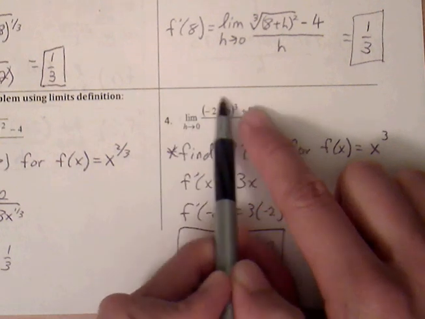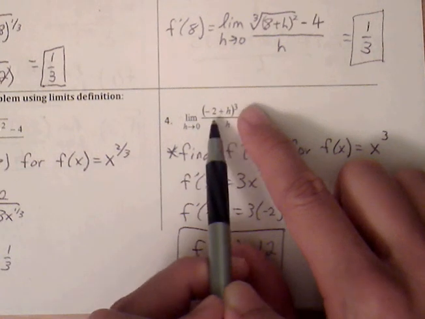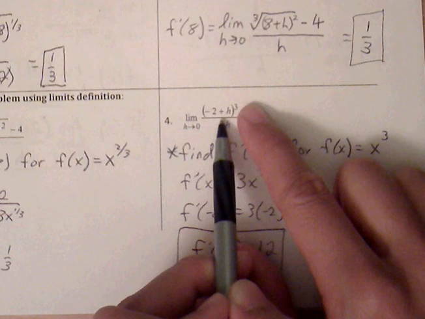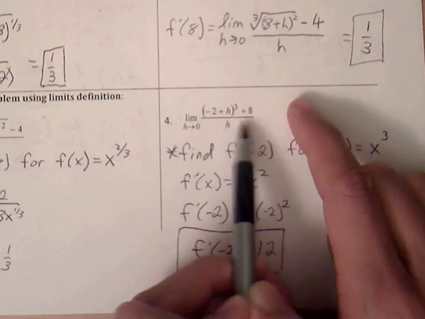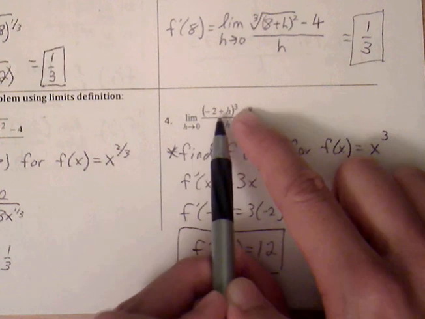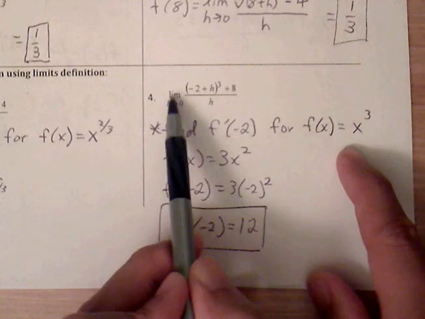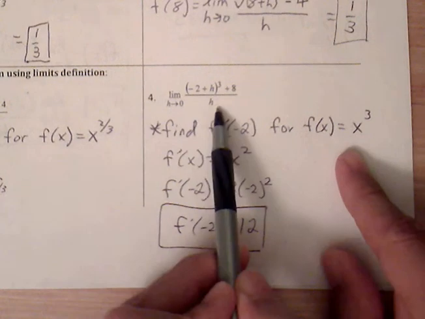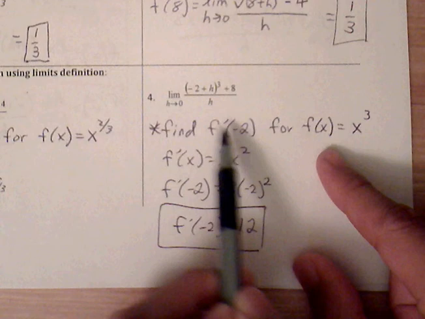If we look at what's inside the parentheses and replace all this with x, our function is simply x cubed. This is coming from x cubed that's plugged in halfway and not worked all the way through. So this notation is asking you to find f prime at a specific x value, and that x value is -2.